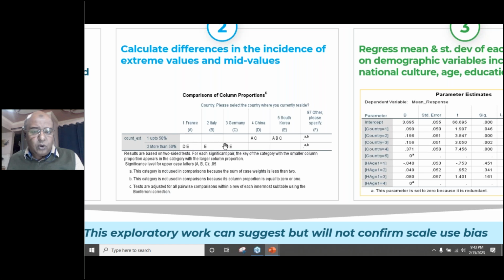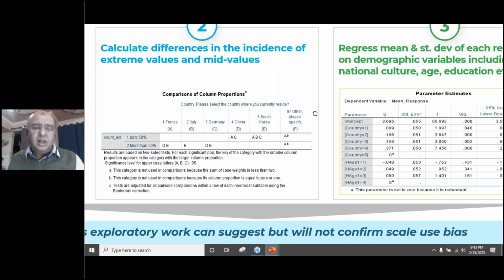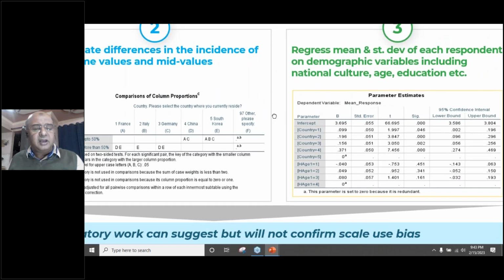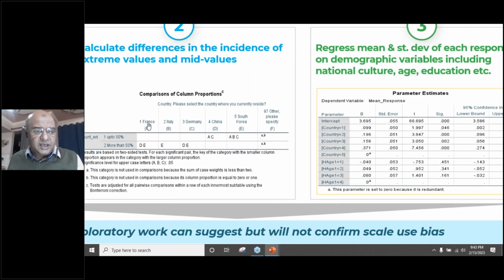France and Germany also have a higher proportion than Chinese respondents. And this agrees with what we know. China and South Korea have been traditionally collectivist societies, whereas France, Italy, and Germany are Western individualistic societies, more prone to standing out, not uncomfortable with standing out and with giving extreme scores.